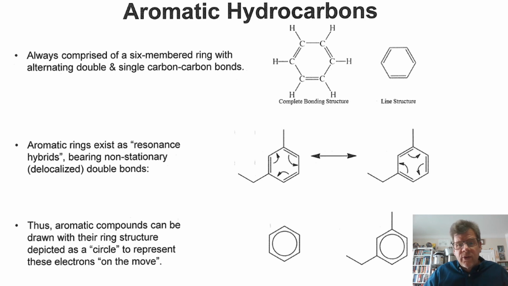One thing you wouldn't do, however, is to draw it with the circle in it as well as putting in those alternating double and single bonds. You can't have both. It's either one or the other.